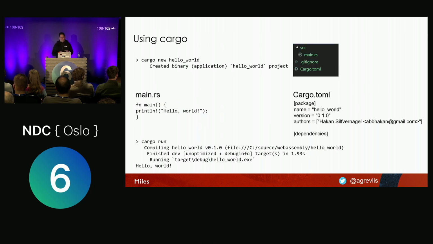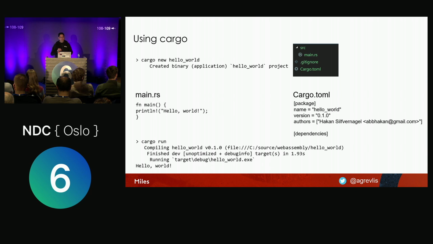But we can also use Cargo to create a template for our program. So if we run cargo new and then the name of our program, it will create a binary application and a package structure. We can see here, if we open up the main Rust file, that it should print out the Hello World program again. And then we also get a TOML file, which is like a package description of the package that we have here.